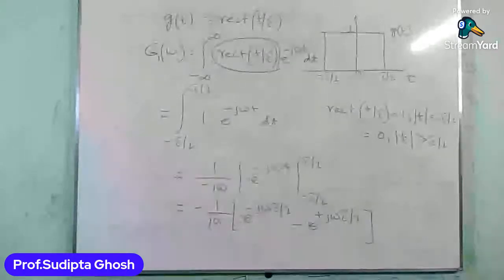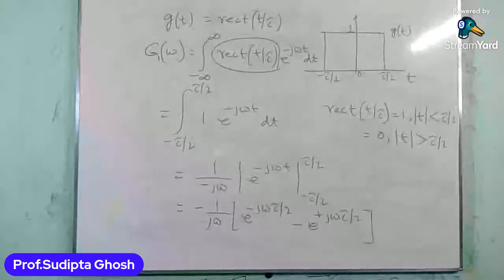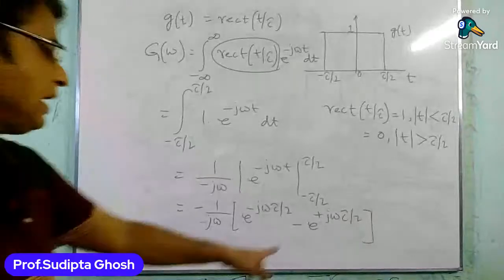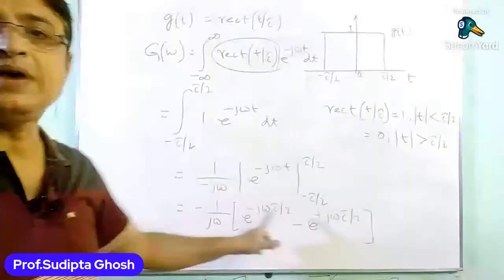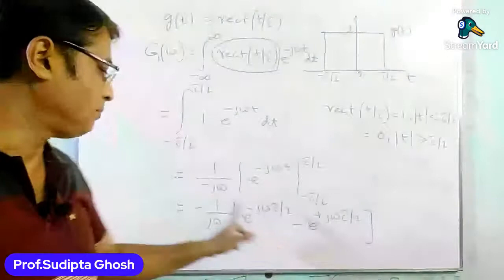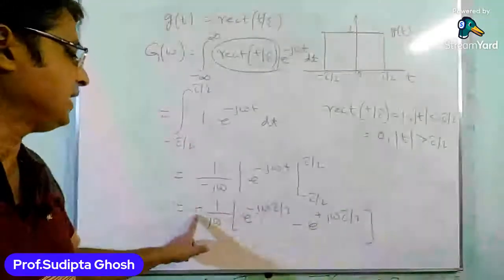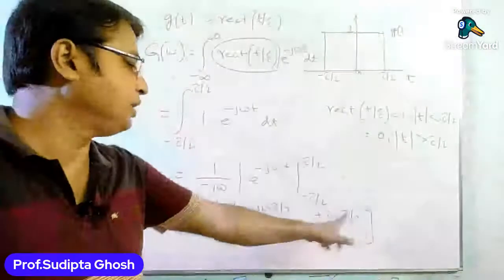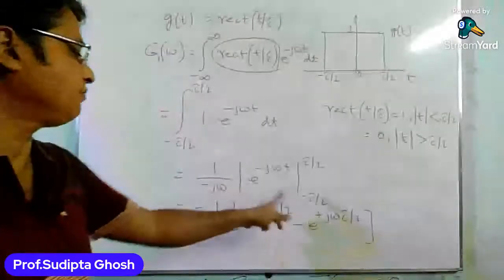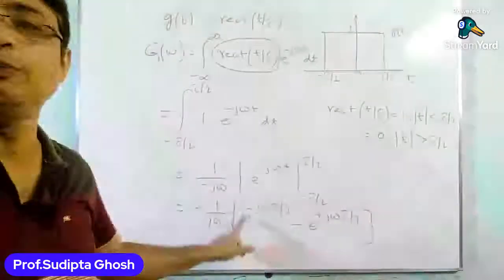So e to the power jθ minus e to the power minus jθ. If I take the product of this minus sign, it will be e to the power jωτ/2 minus e to the power minus jωτ/2.